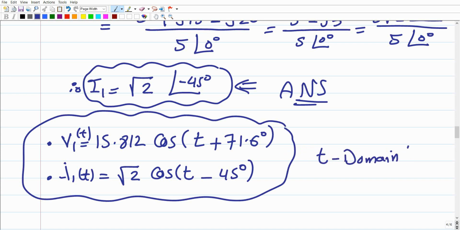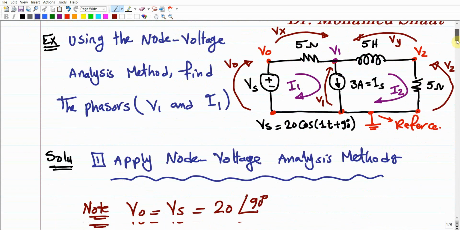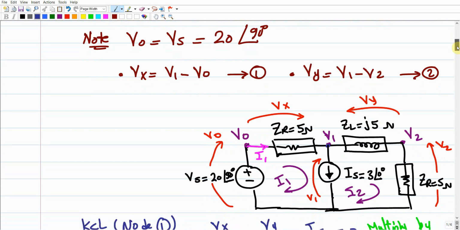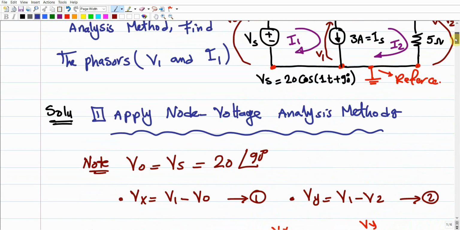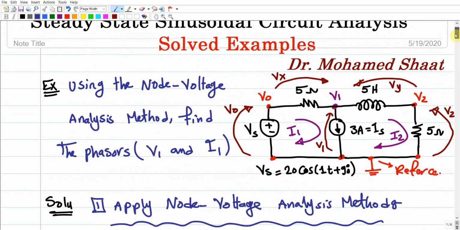Make sense? So this is a typical example of what you should do when you do sinusoidal analysis for an electrical circuit. Your objective is just to convert the electrical circuit first from the time domain into the frequency domain, and you're going to stick to the procedure that we explained for any method that you're going to use through chapter 2.